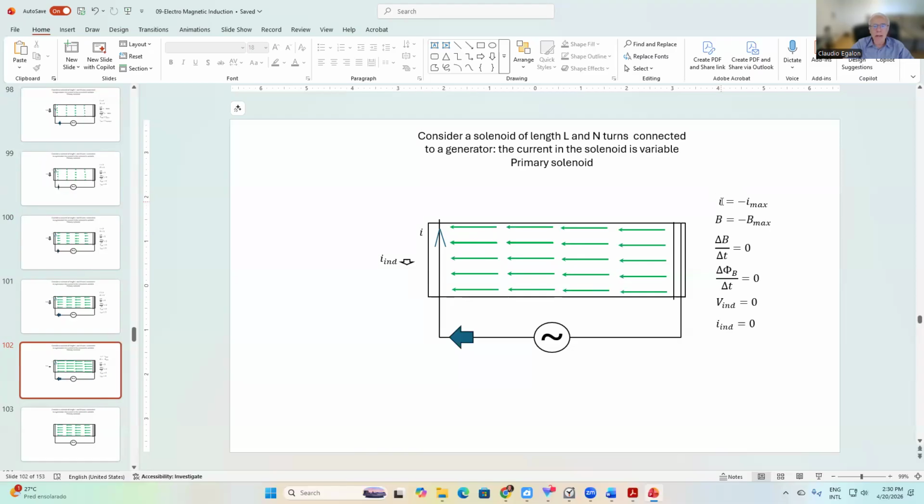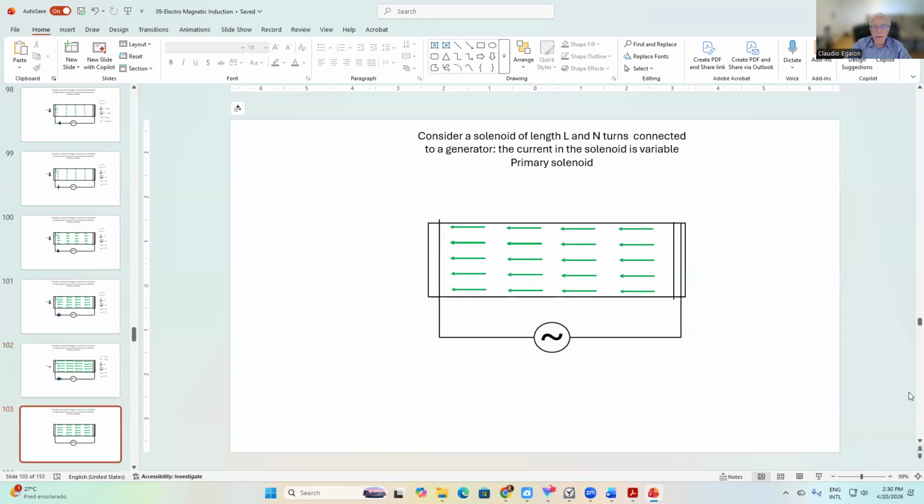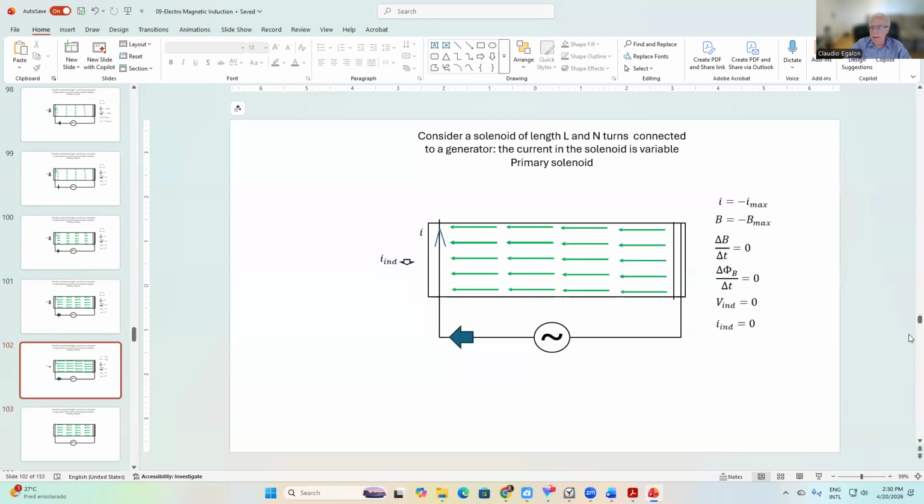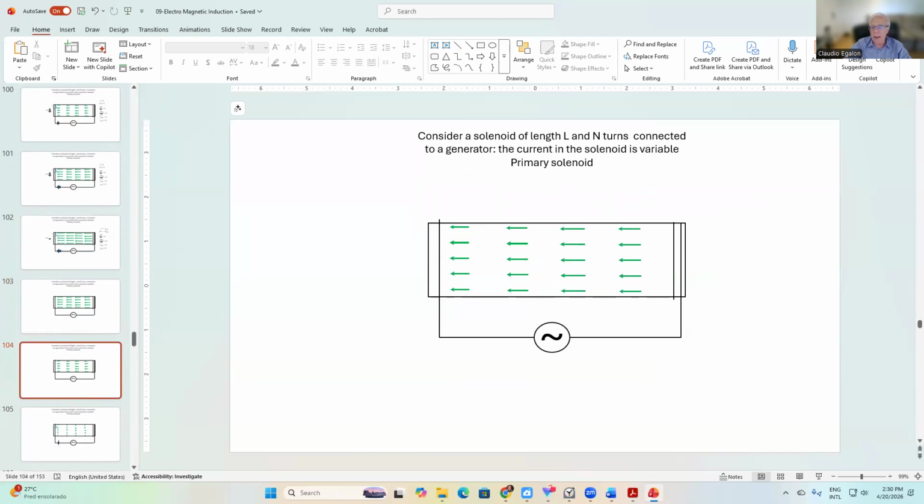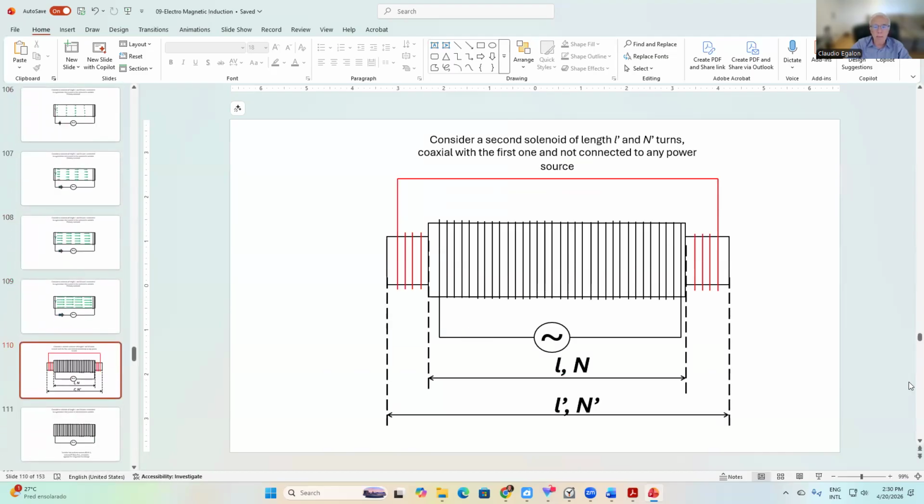The regular current is not out of phase; it is in phase with the magnetic field because it's directly proportional to it. Then it decreases and everything repeats again, like what happened before, and the induced current changes direction. Okay, that's what's happening here.